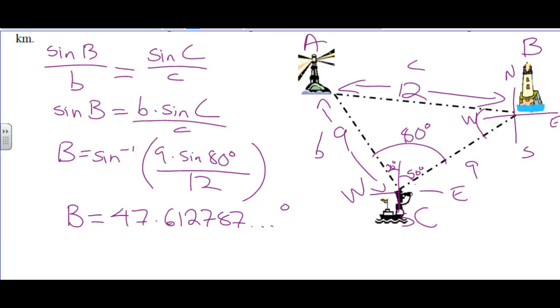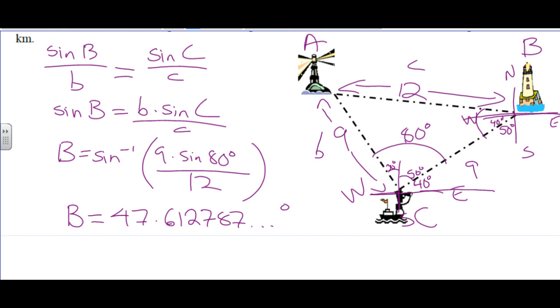Okay, so what do we got? You notice how we have parallel lines here? The east-west line is running parallel. This is 50 degrees, so this angle here is 50 degrees. Got parallel lines. This is 40 degrees here because that makes a 90.